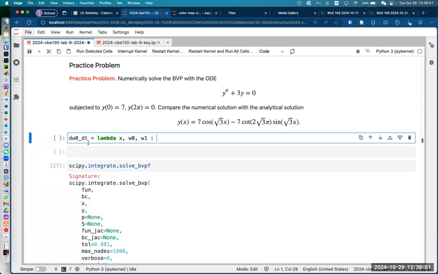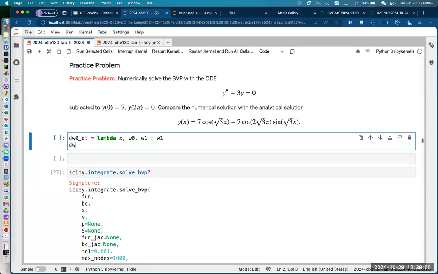And then dw0 should be equal to w1. And dw1 dt is also a lambda function of x, w0, and w1. And it is equal to the original ODE, separating y prime and y double prime. So we have -3 times y, and y we define as w0.